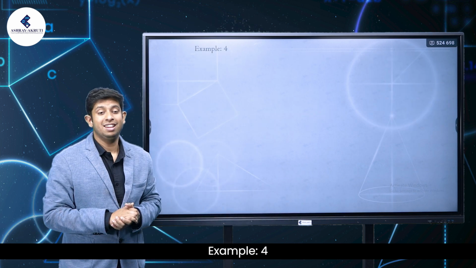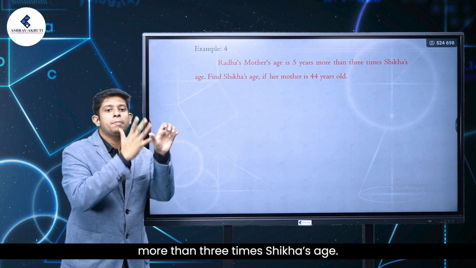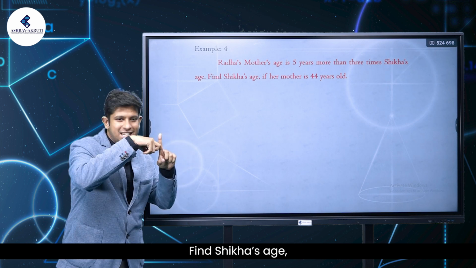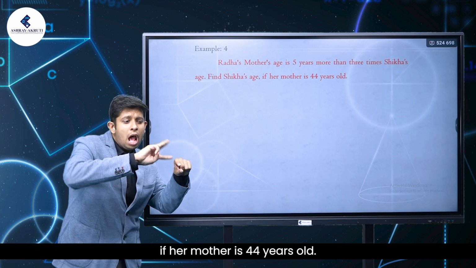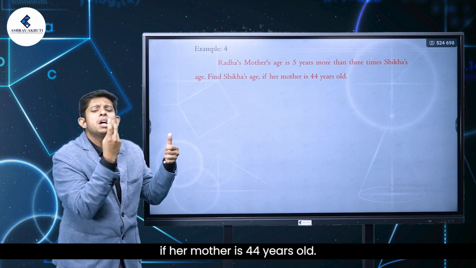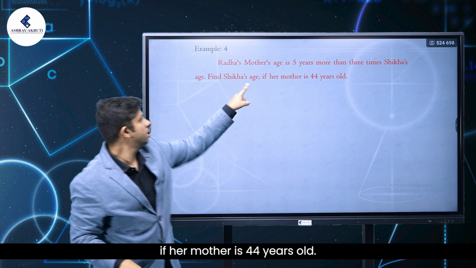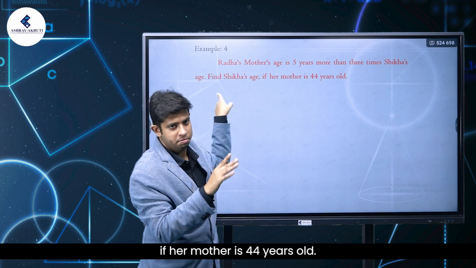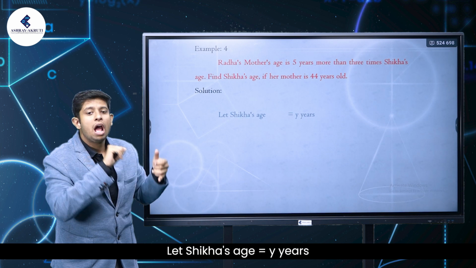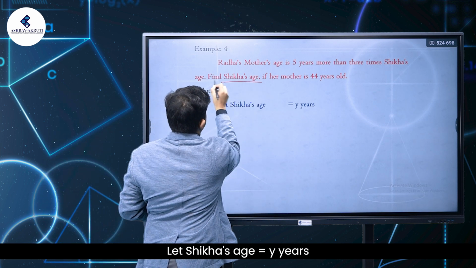Example 4. Radha's mother's age is 5 years more than 3 times Shika's age. Find Shika's age if her mother is 44 years old. Solution. Let Shika's age be y years.